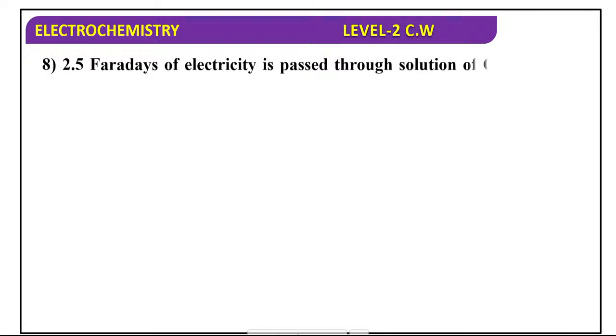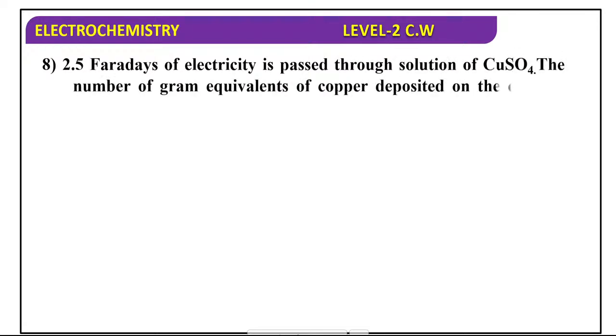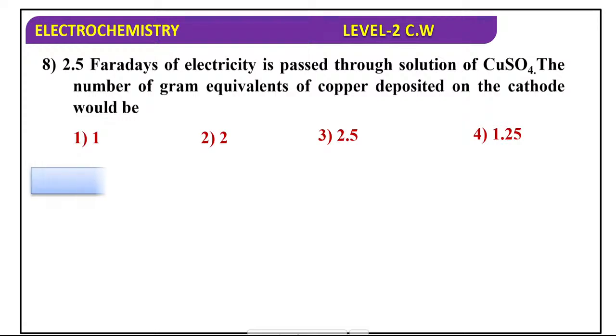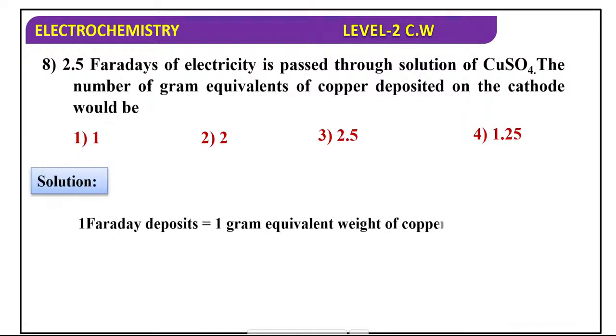Next question. 2.5 Faradays of electricity is passed through a solution of copper sulfate. The number of gram equivalents of copper deposited on the cathode would be. Yes, madam. It is number of gram equivalents, not number of moles. You know, 1 Faraday deposits 1 gram equivalent. If it is number of moles, then you are right.